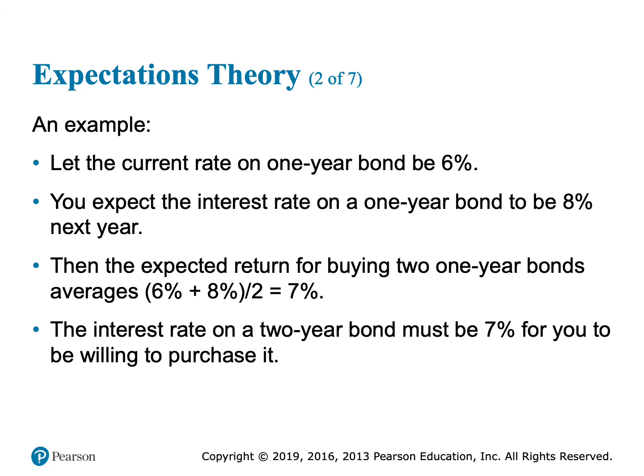That would occur as soon as the interest on the 2-year bond was equivalent to that of our 2 1-year bonds at 7%. So markets should push prices and interest rates on bonds of differing maturity until they are equivalent in this way. This is the essence of the expectations theory.